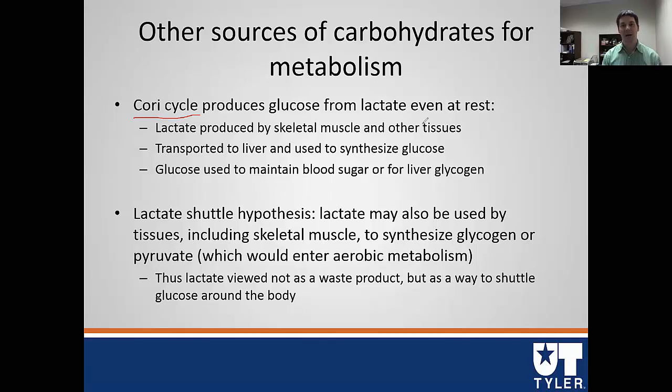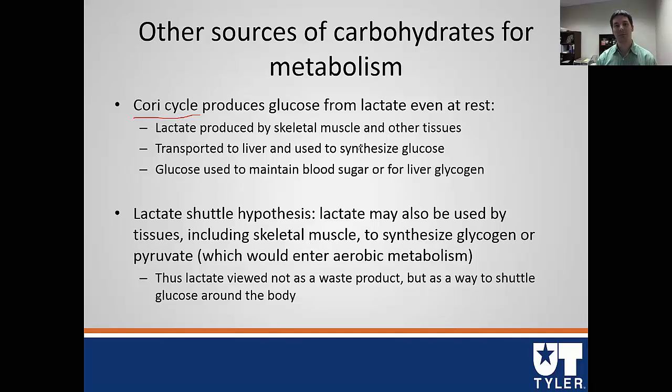Again, it is the byproduct of maybe not having enough oxidative metabolism going on, and so we shuttle pyruvate into lactate via lactate dehydrogenase to help recycle NADH into NAD. That can then be exported out of the tissue and transported by the blood to the liver, where it has the specific enzymes needed to synthesize lactate into glucose.